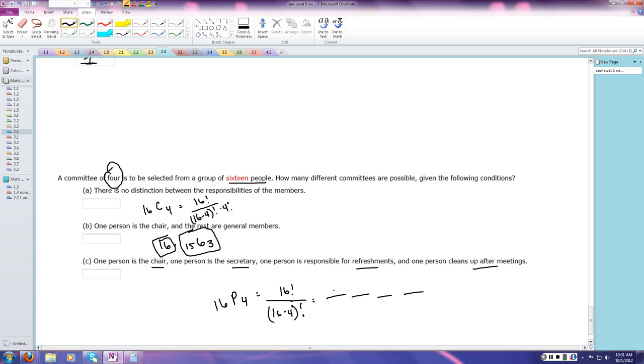I have 16 choices here, 15 here, 14 here, 13 here. Times 12 factorial over 16 minus 4 is 12 factorial, so the 12s cancel. So you can see this is the same as the fundamental principle of counting, versus throwing it into a permutation and getting your answer.